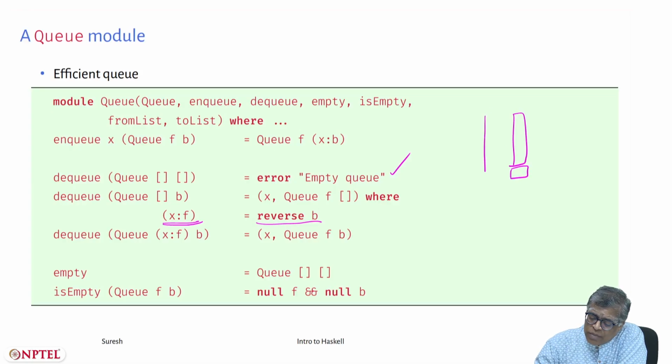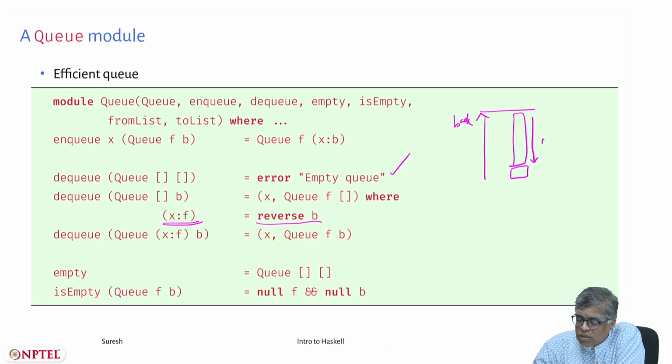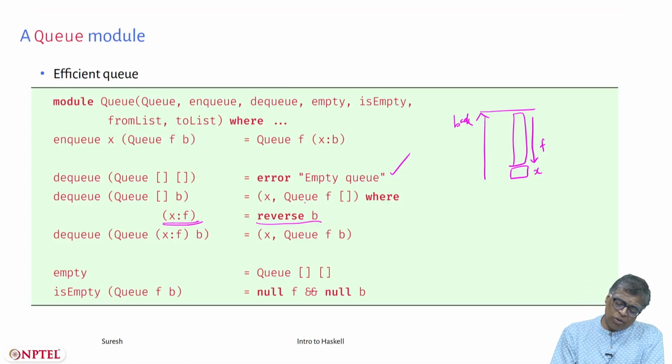If you think of it as back looking that way, this is F and that is X. So reverse of back is X followed by F. Then you just move that F to front. So you have Q F empty.